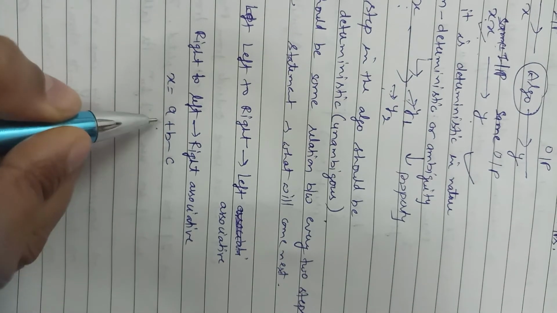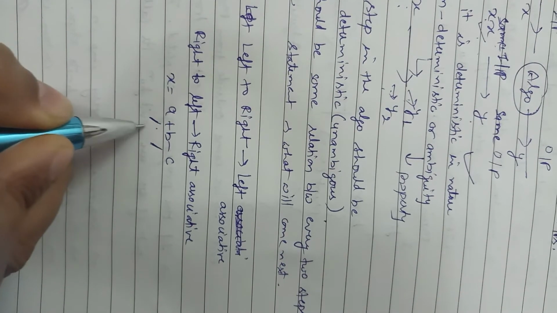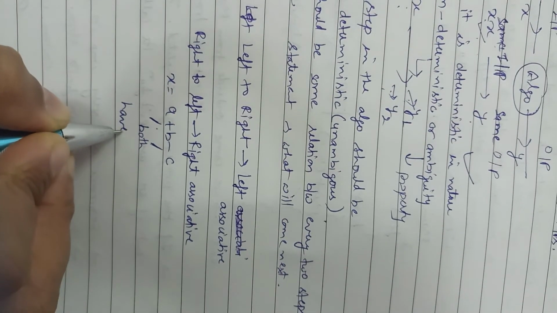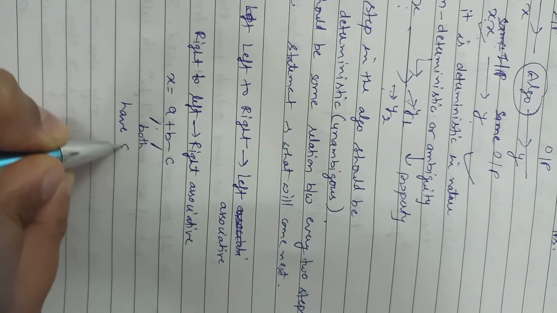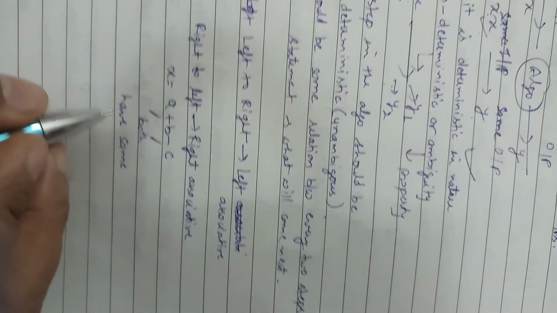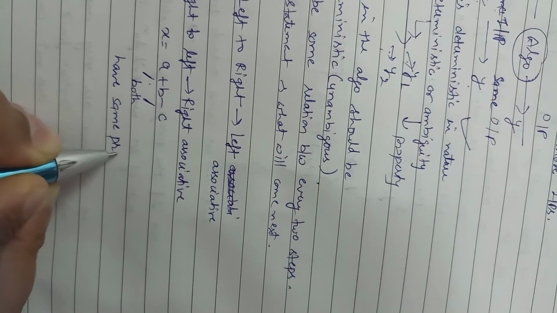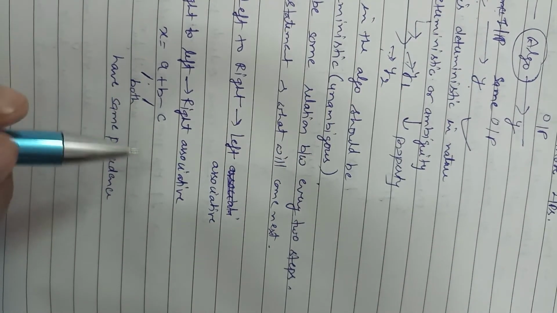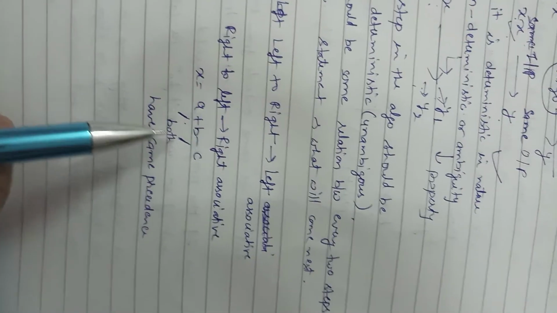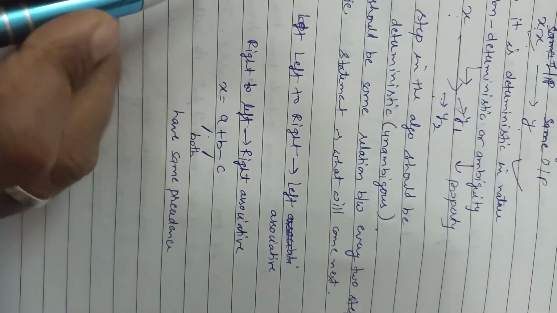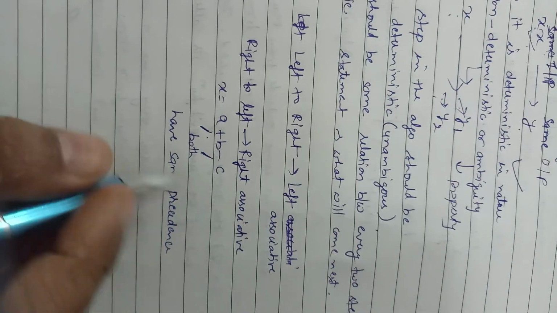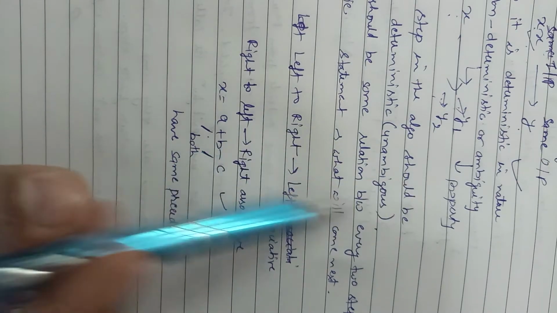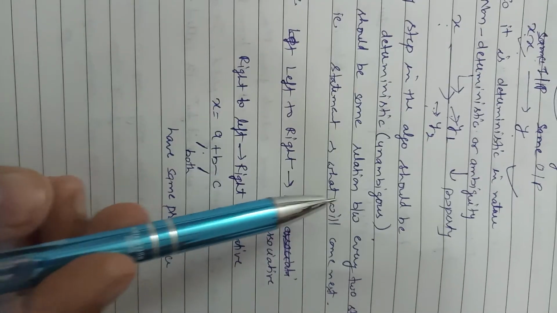We cannot say, because plus and minus both are present here, and both have the same precedence, so we cannot say whether it is left associative or right associative. So for more clarity we can say this is ambiguous, as I have discussed earlier.